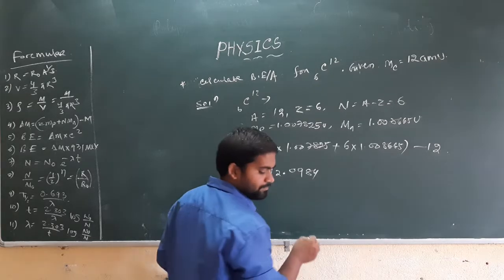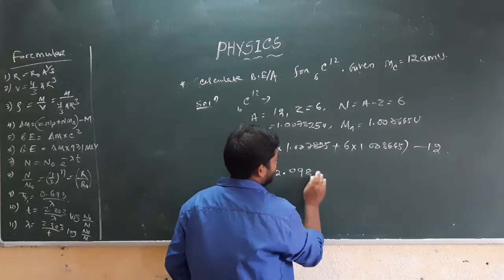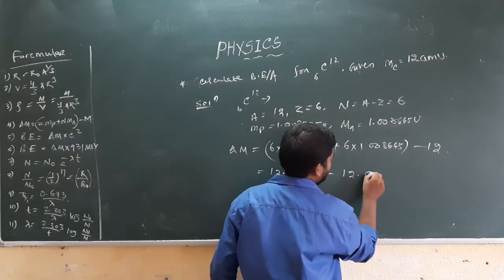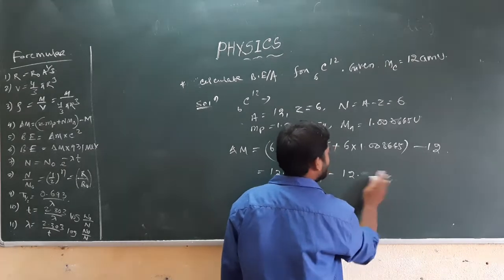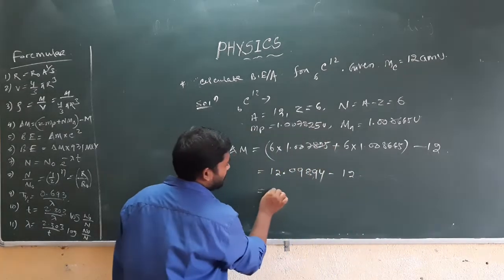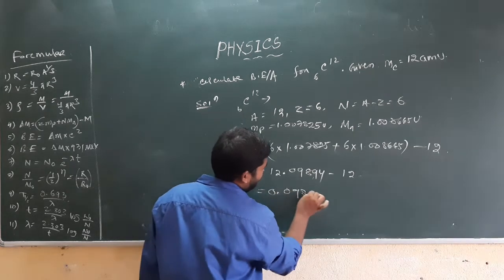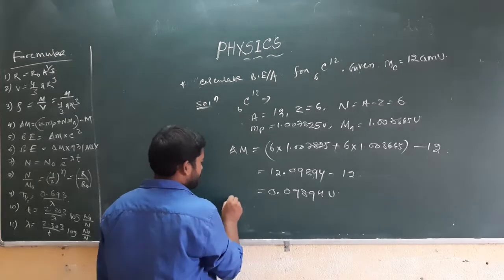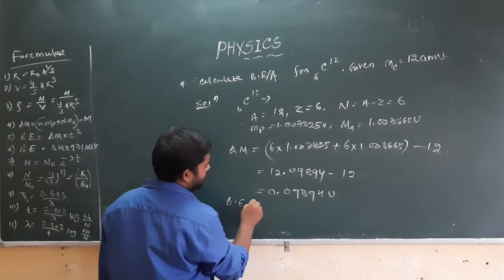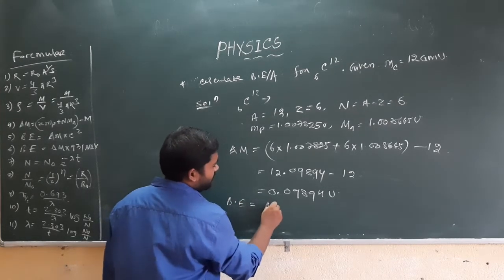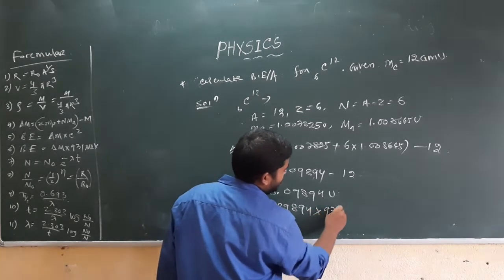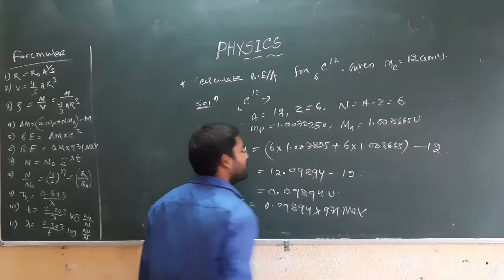When you calculate the data, that will be 12.0984 minus 12.000, or simply 12. So that will be 0.09894 atomic mass unit. So the binding energy will be 0.09894 times 931 MeV.